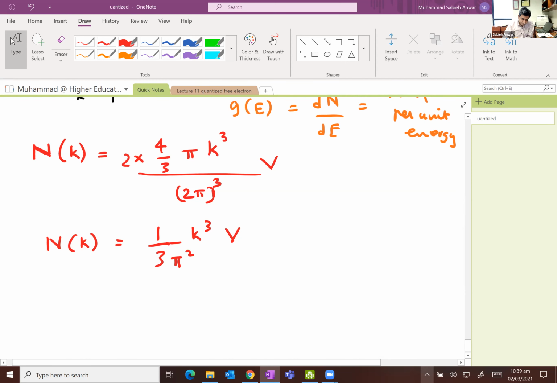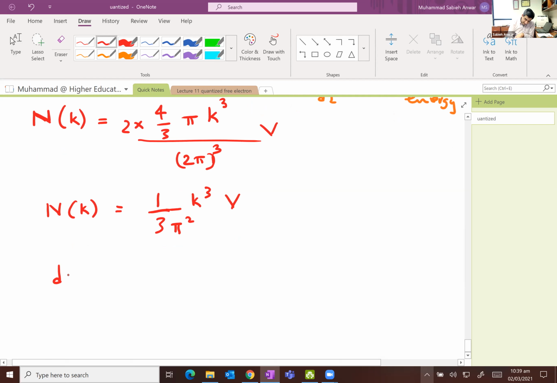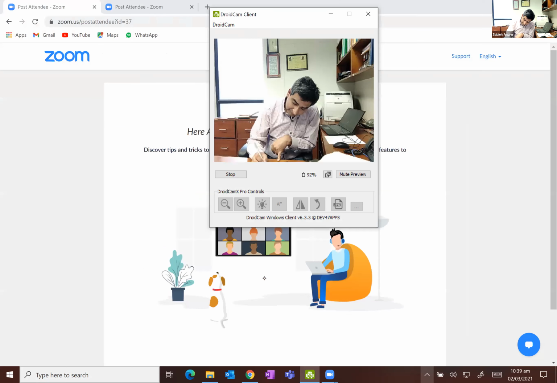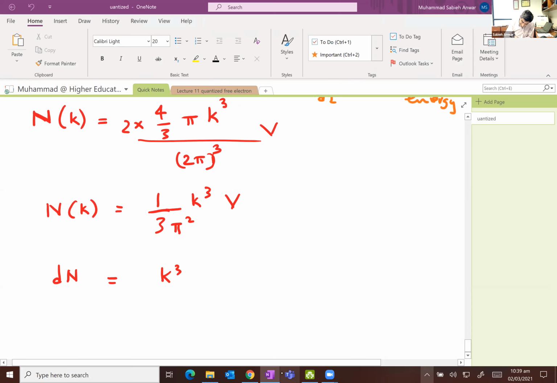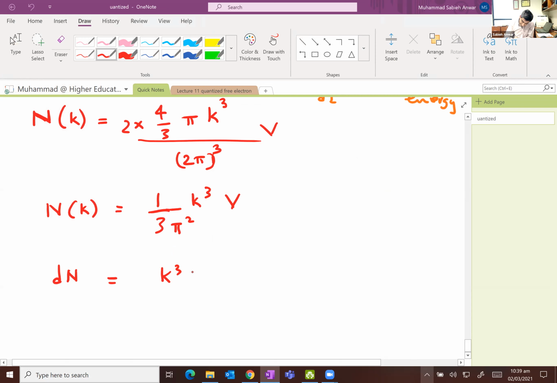Okay. Now let's take the differential of both sides. dn is V over 3 pi squared times 3k squared dk, which is V over pi squared k squared dk.